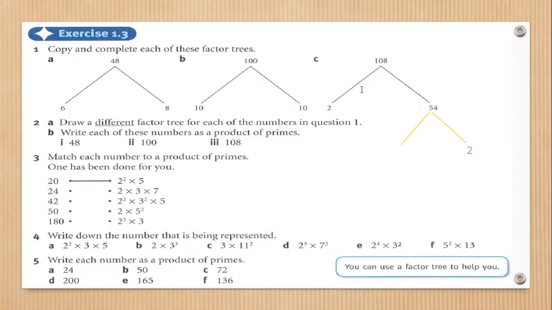That is 27. So let's write 27 here. We also divide 27 into two parts, 3 and 9. So I write 9, multiplied by 3.